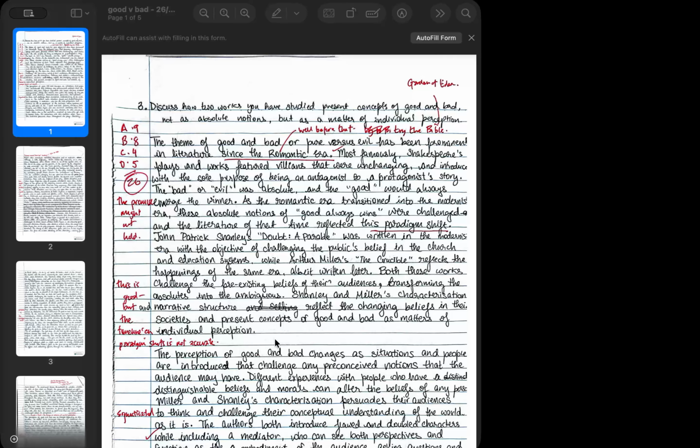I'm trying to find it. Does anyone have it? Oh, there we go. Omelette is the Lord and Savior. So your criteria A is knowledge, understanding, and interpretation. It's always that. Criteria B1 is analysis and evaluation, and B2 is comparative analysis.